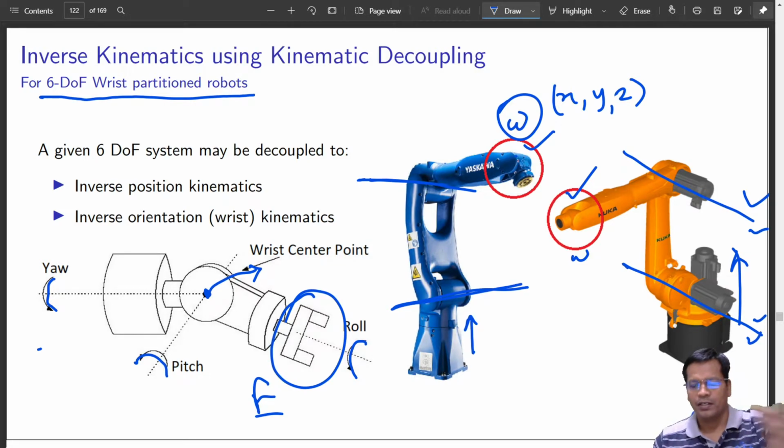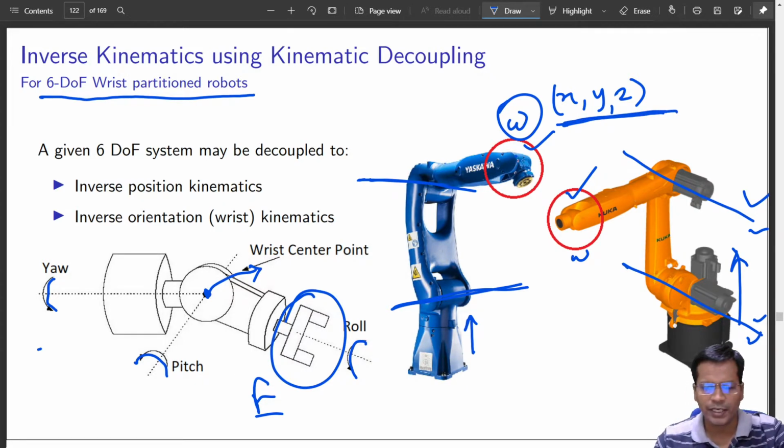So the end effector point can go anywhere in space and orient at any angle, roll, pitch and yaw. Effectively it is a 6 degree of freedom robot. Because it has 6 axes serially connected, it is a serial chain system, so it is a 6 DOF robot.